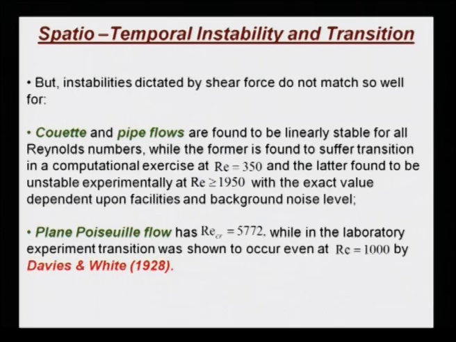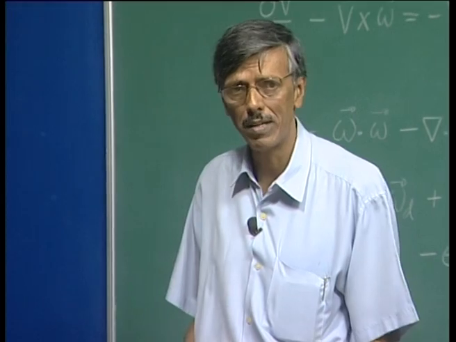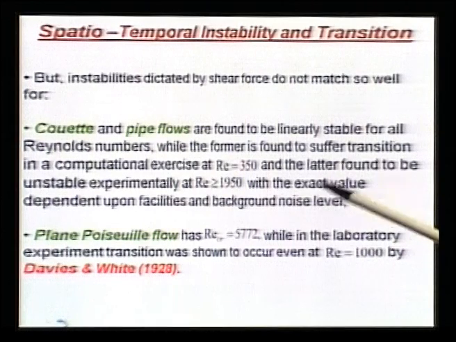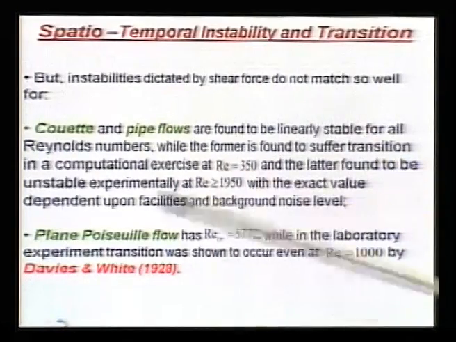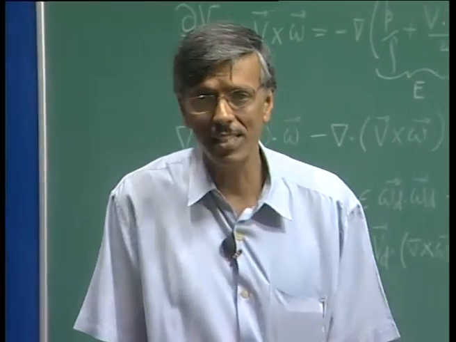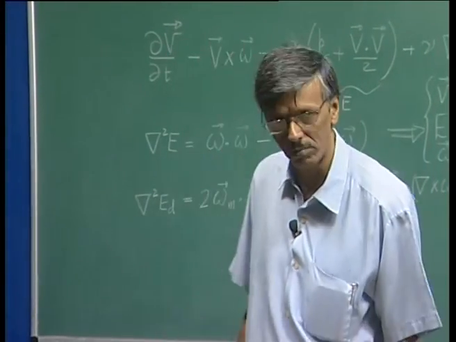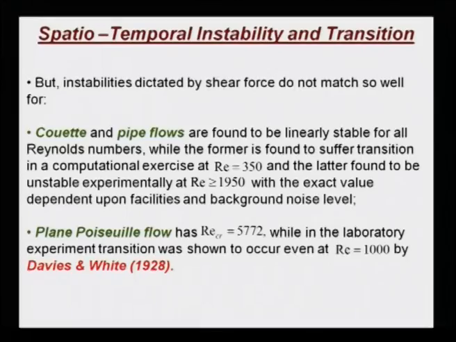But if you look at the general scenario where instability is predominantly dictated by shear force, there we fail by a great deal. The classic example is the Couette flow or the Poiseuille flow, the pipe flow. We find that both these flows are unconditionally stable, but of course, we know such flows do become unstable.